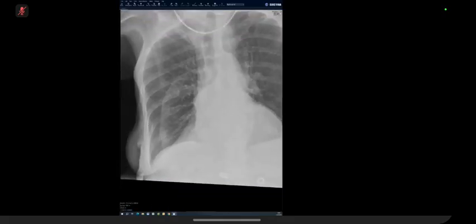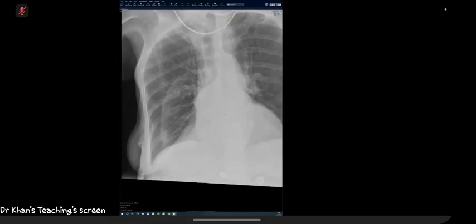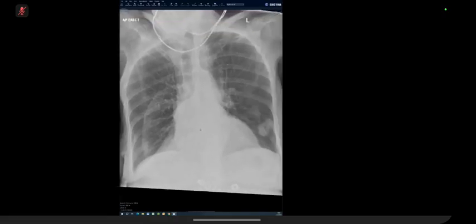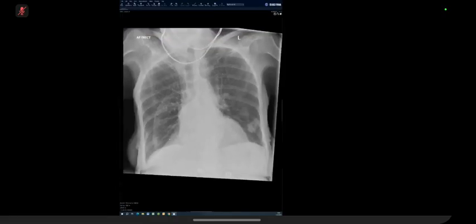What is it? Quite sure. Is it a line you normally see quite commonly in patients who can't sit up straight? What could it be if it's not a pneumothorax? It's not a pneumothorax, it's a lung opacity.